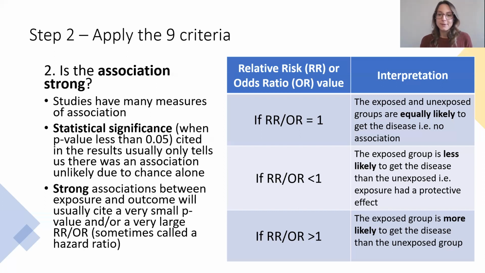If they equal some number smaller than 1, so usually between 0 and 0.99, let's say, what that means is that the exposed group is less likely to get the disease than the unexposed group. In other words, the exposure actually had a protective effect. It resulted in less disease than the people who were not exposed to whatever it is.